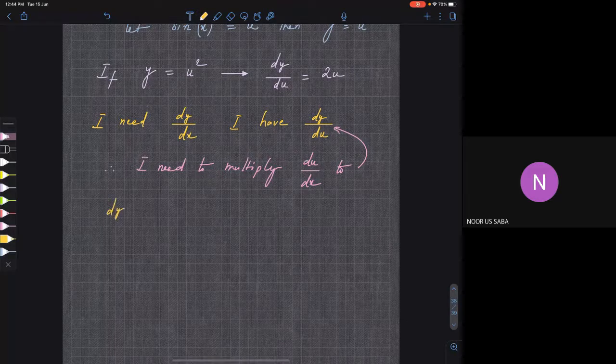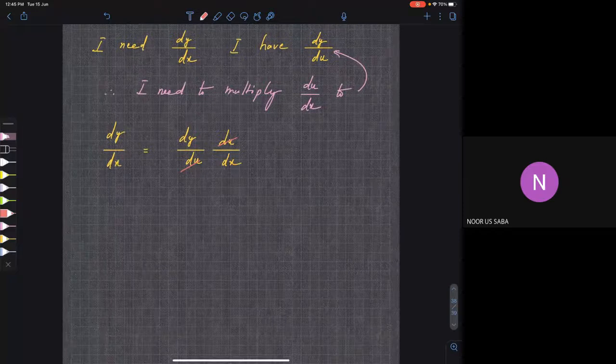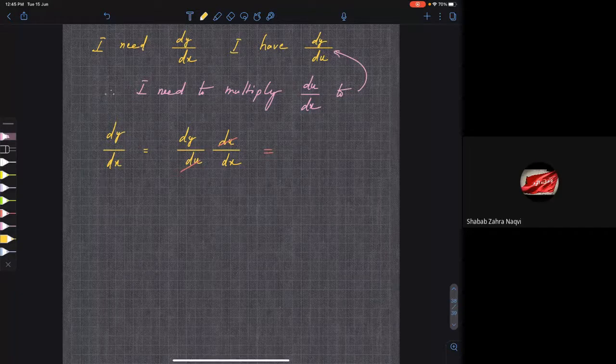So what is dy by dx equal to? dy by du into du by dx. These two will cancel. But what is dy by du?